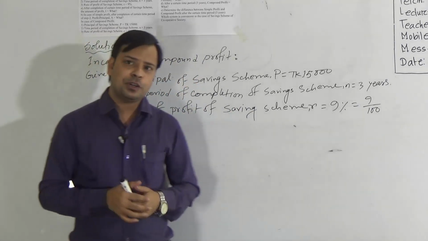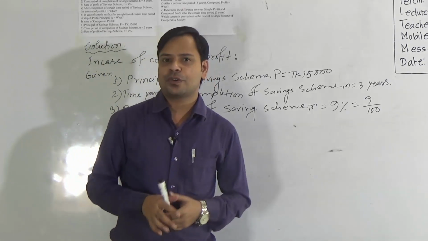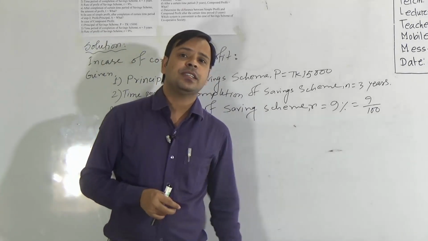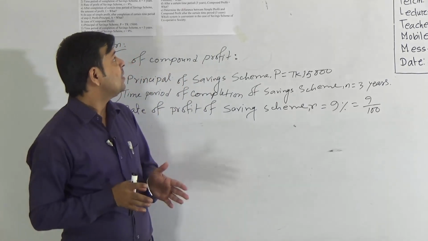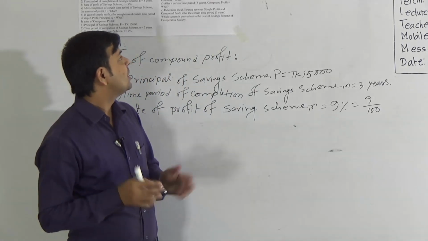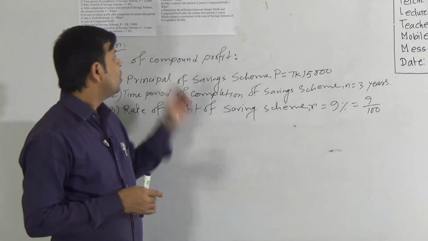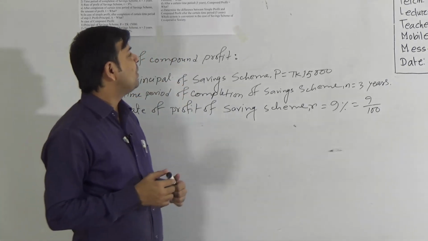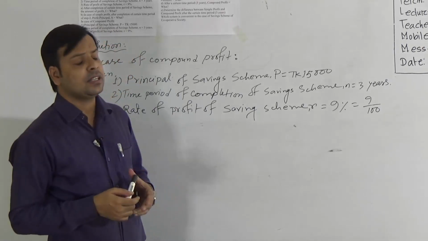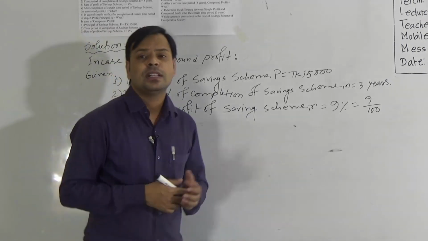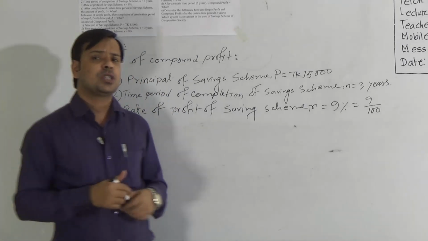In case of compound profit we will get more profit. So the compound profit system is convenient in case of savings of cooperative societies, in case of the saving scheme of a cooperative society.